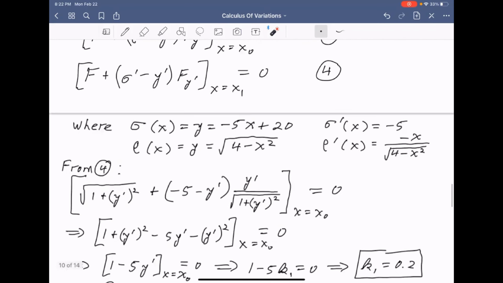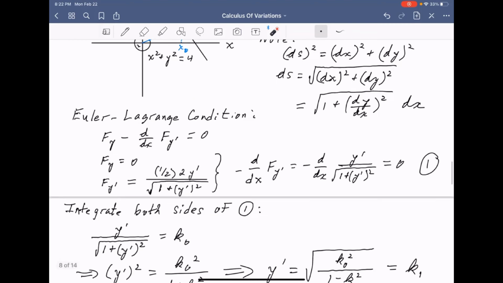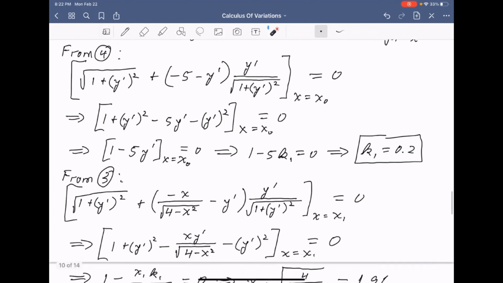And that is exactly what we found here, where this line here is 0.2x, x naught was 3.84 something, and this number here was x1, equal to 1.96.